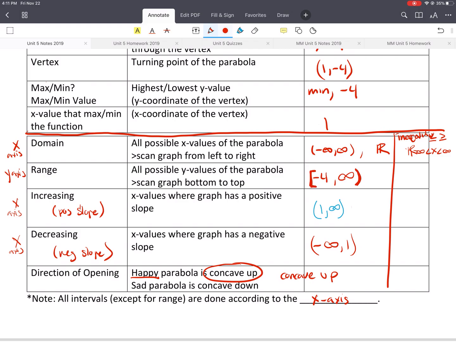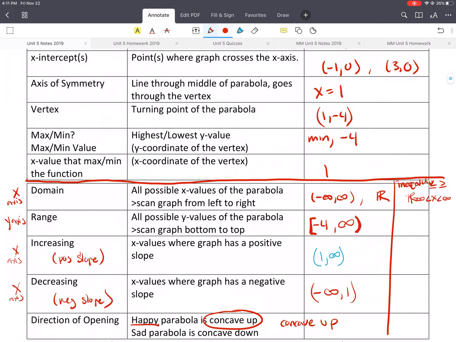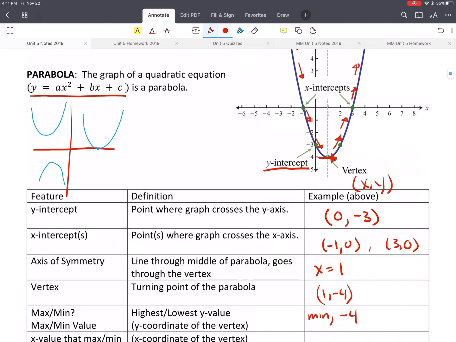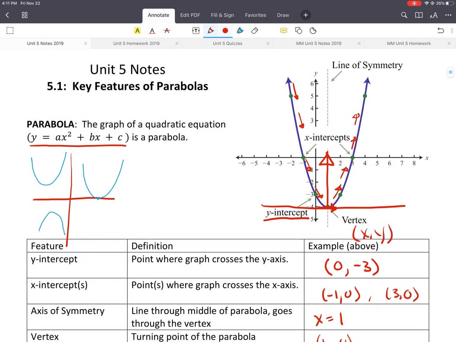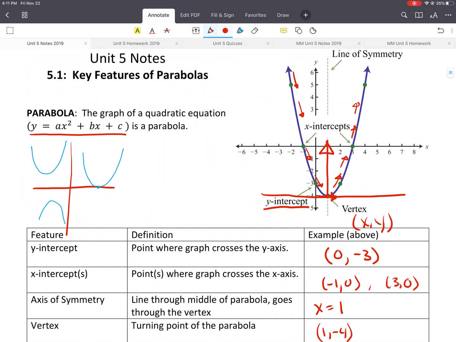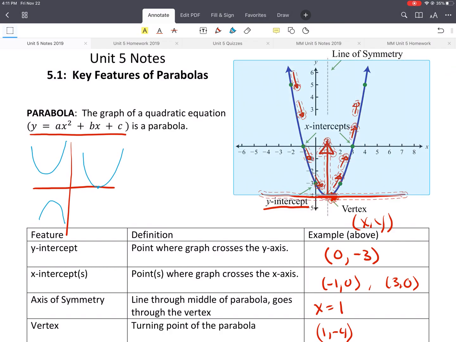Range, if we look at this, sometimes I don't like to look at the interval notation. I just like to look at the graph. So if I want to find the range, we want all y values greater than negative 4. So all y values greater than or equal to negative 4. Increasing, I like to use my hand while we're doing it in class, but let me just clear this up a little bit.